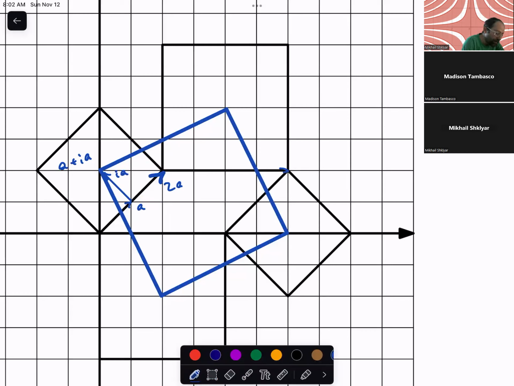Now, I'm going to say that the other side of my parallelogram is going to be 2b. So I'm going to do the exact same thing over here. Maybe I should use a different color to make it a little bit clearer. I'm going to use purple to show what I'm doing.